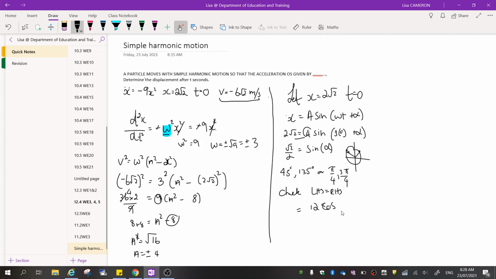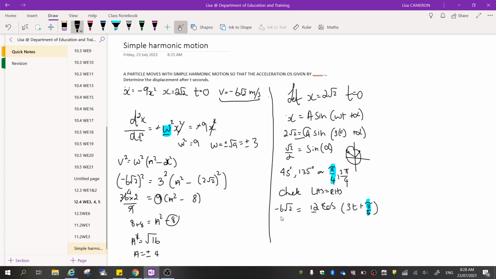Sine will change into cos, bracket 3t plus, now we're going to put our first angle in. So we're checking the pi on 4 first. That should all be equal to negative 6 root 2, because once I've taken the derivative of the position function, I get the velocity function.